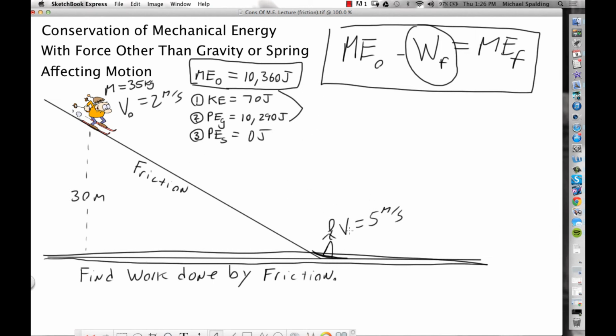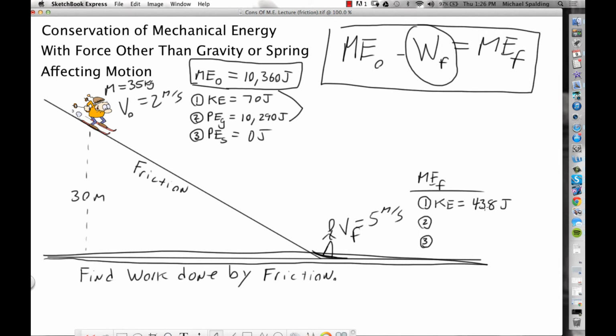Now, come down here to final. Mechanical energy final. Let's list them all. 1. Does he have kinetic at the bottom of the hill? Is he moving? Yes. His kinetic energy at the bottom of the hill comes out to be 438. I think I actually rounded that. I think it's 437.5. We'll just call it 438.